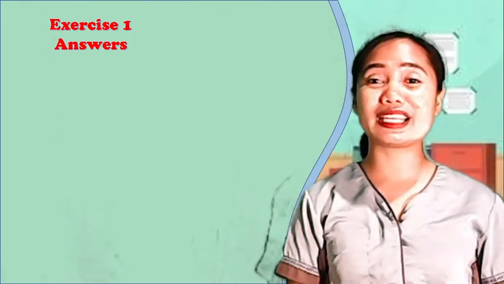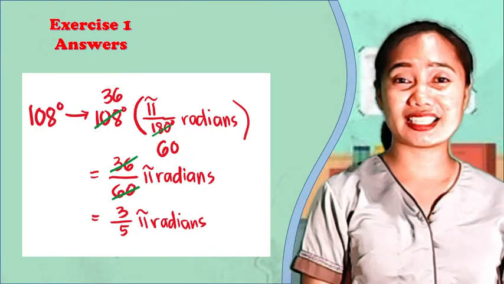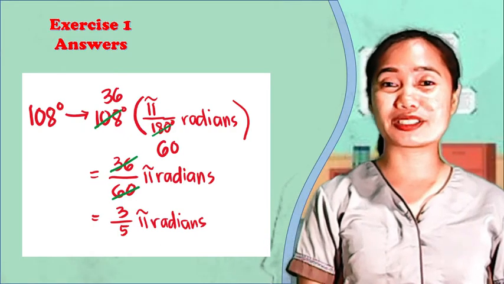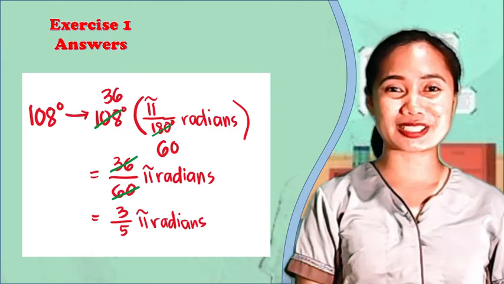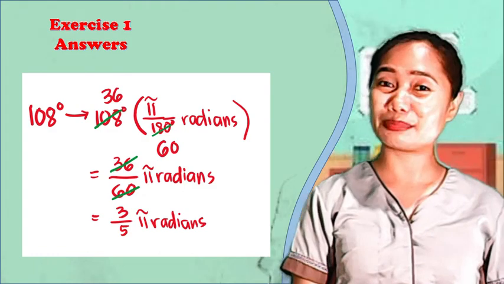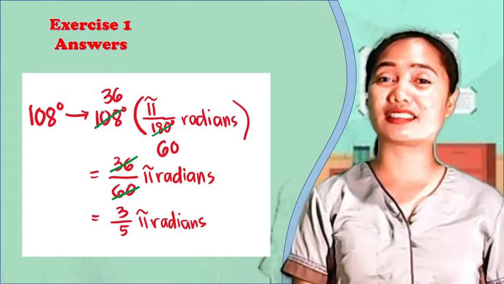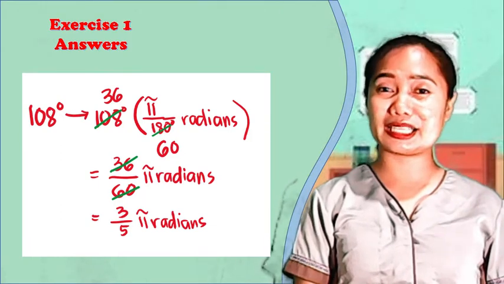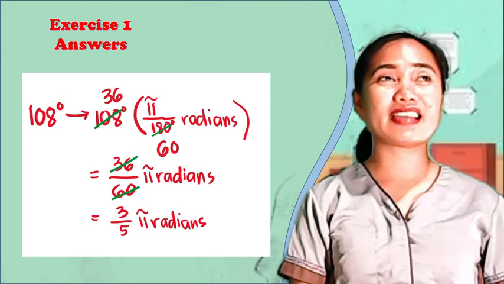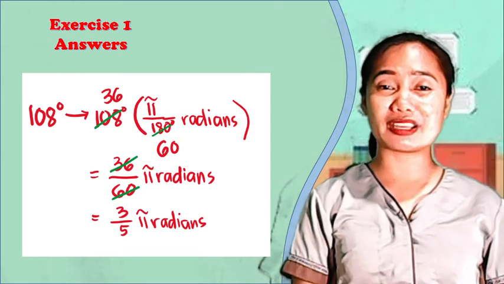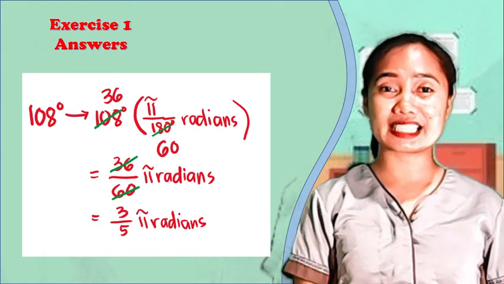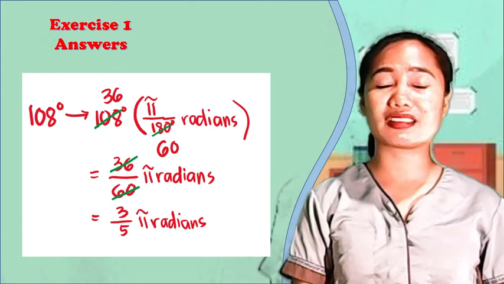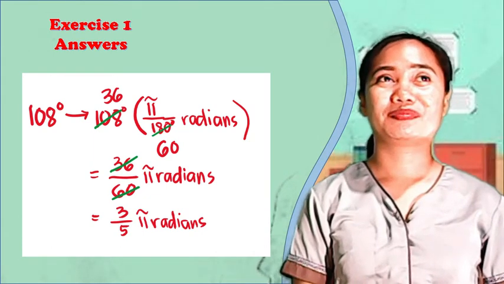And for number 3, we get 108 degrees. 108 degrees, when converted into radian measure, that could be again multiplied with pi over 180. And then, if we divide it by 3, then 108 divided by 3 would be 36, and 180 divided by 3 would be 60.